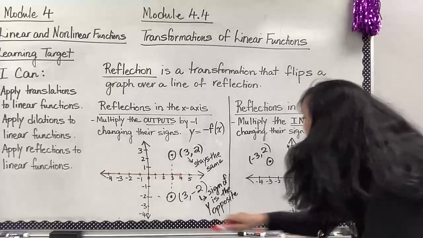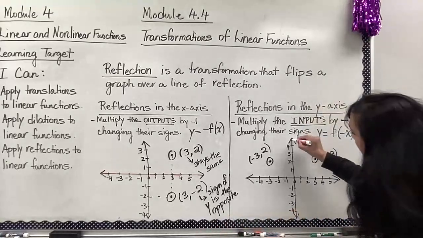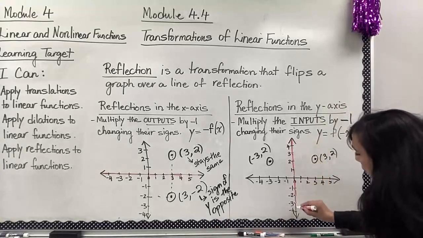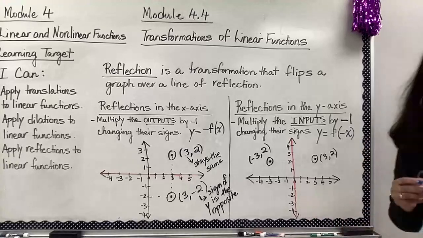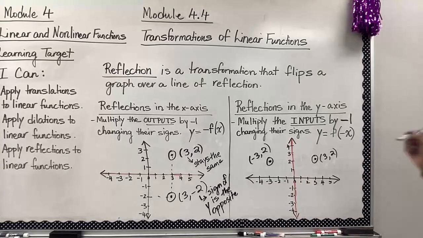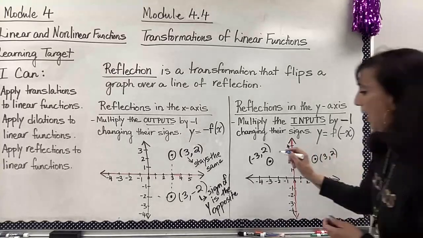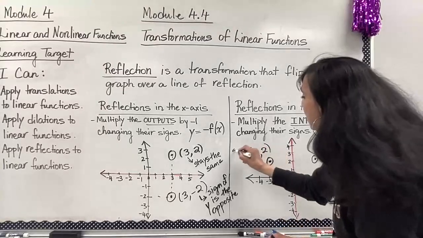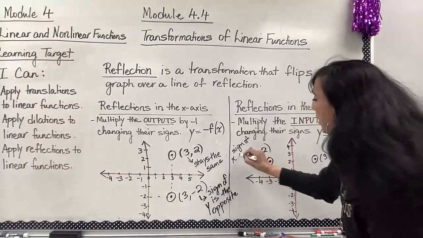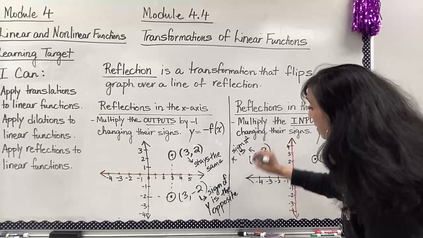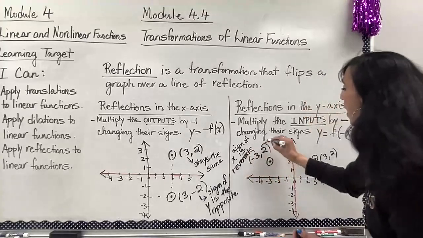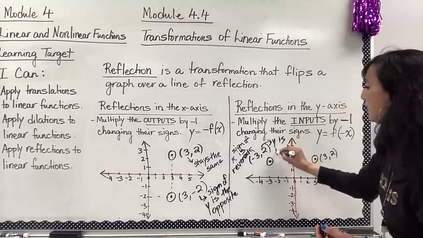So when I am reflecting on the y-axis, and this is my y-axis, just showing you with a different dotted line, which is red in color. And so look what has happened over here. My y has stayed the same, and the sign of x is reversed, which will become negative. And y is the same.